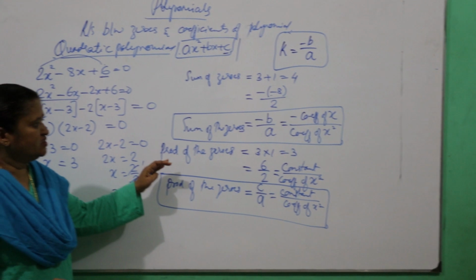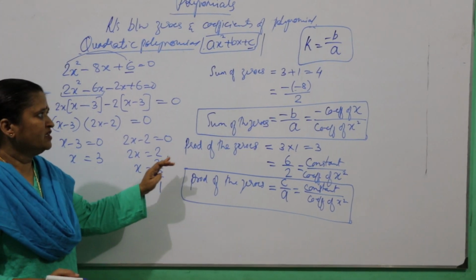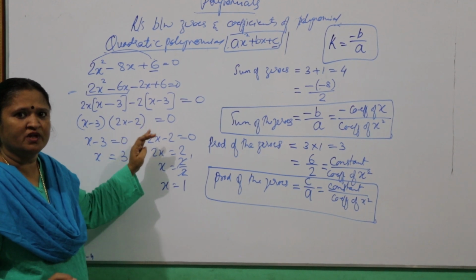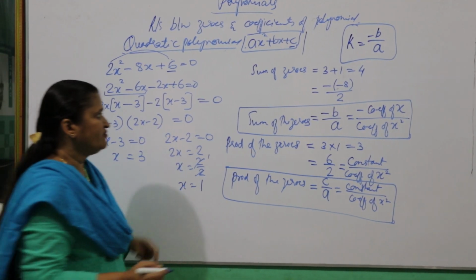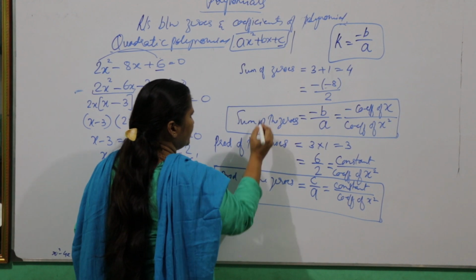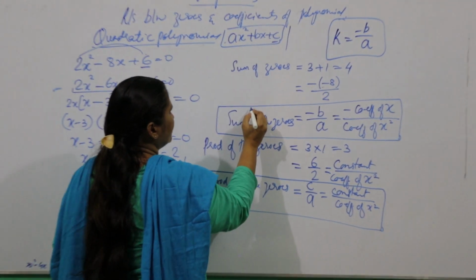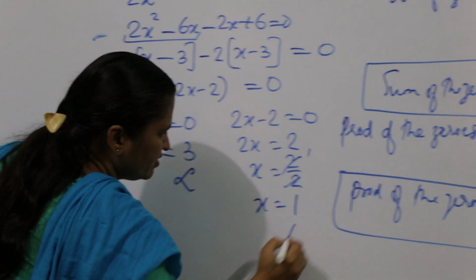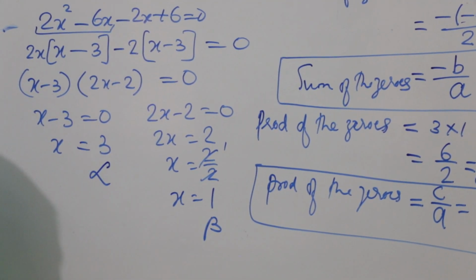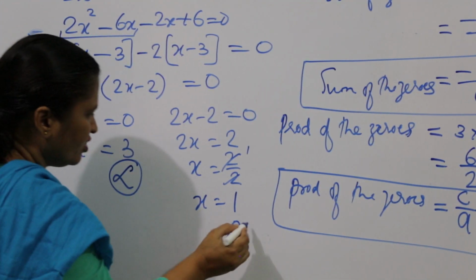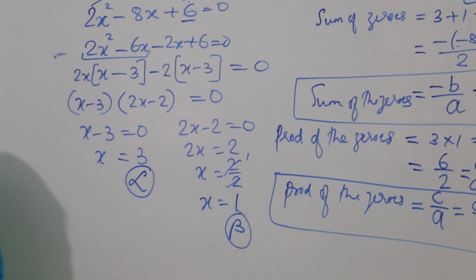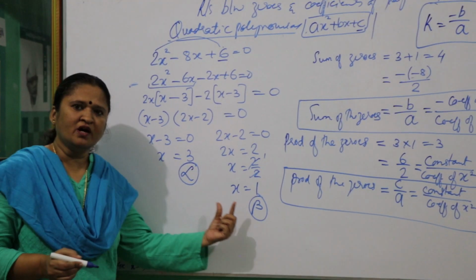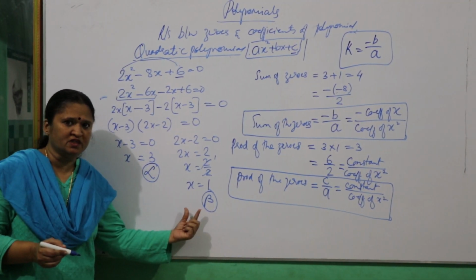So let's generalize this. Let's call the zeros of this quadratic polynomial alpha and beta, the Greek letters that we use.